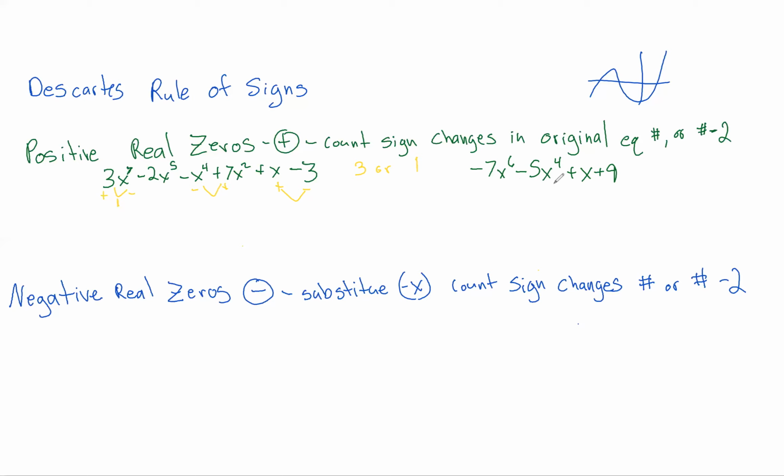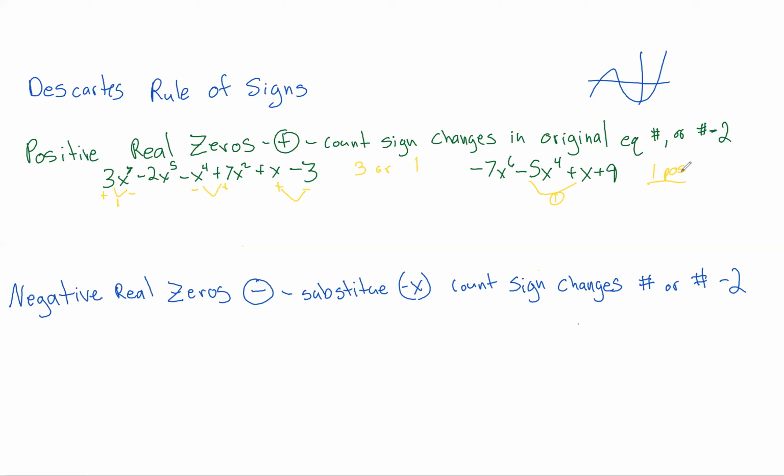Negative 5, positive 1. Hey, there's a sign change, so there's one sign change. And then positive 1, positive 9, it's the same. So we have one possible positive real zero. And we can't really subtract 2 from that, so that's why it's just 1.